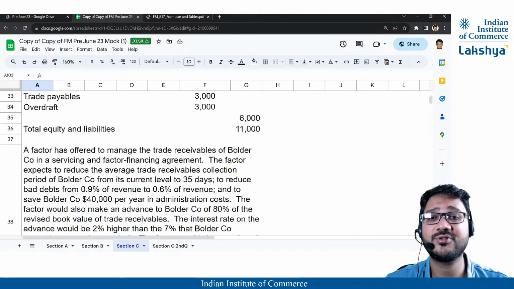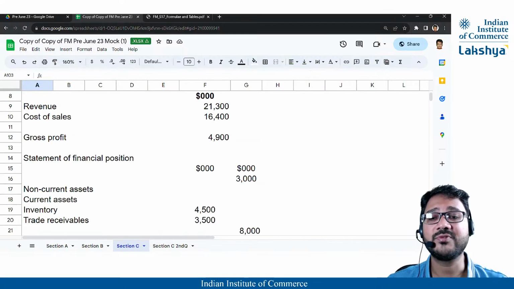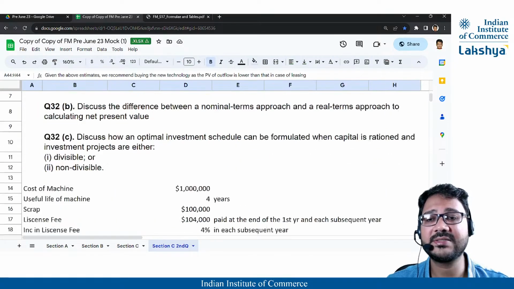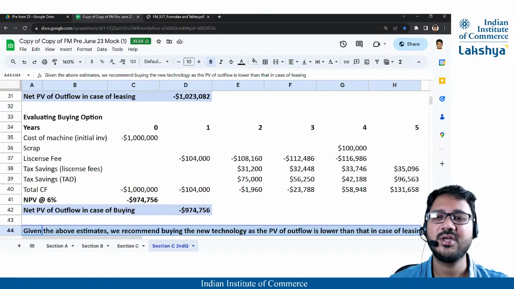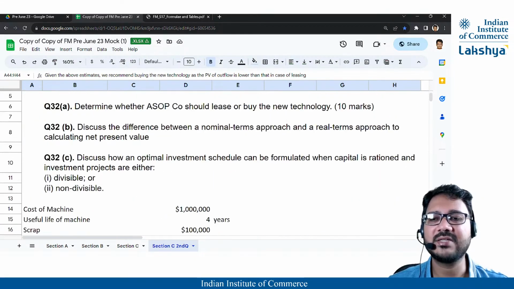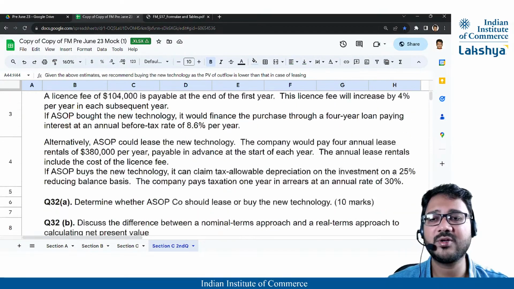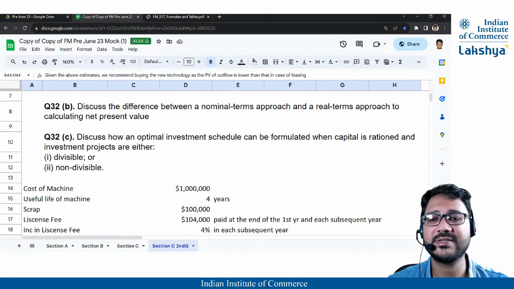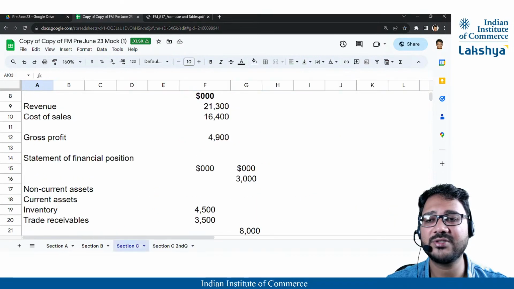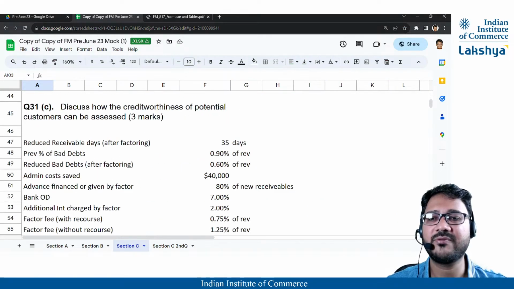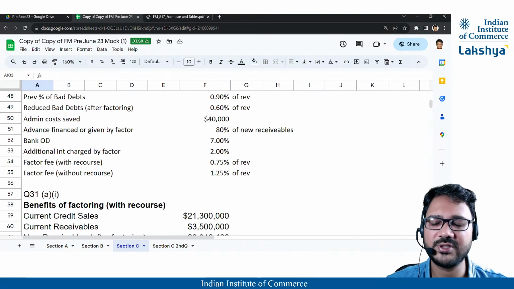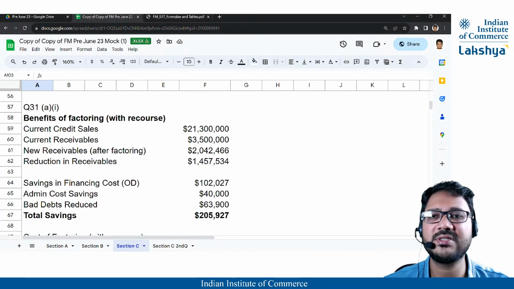And here I also took time to reply, which shows that with practice, if you keep practicing more and more mocks, you can get these answers simple because you don't have to think. Once you know that a question like this comes, we have to find the NPV. Once you know how to find which is better, factoring as in with recourse, non-recourse, how to solve this type of question.